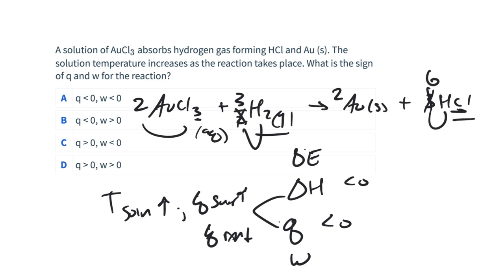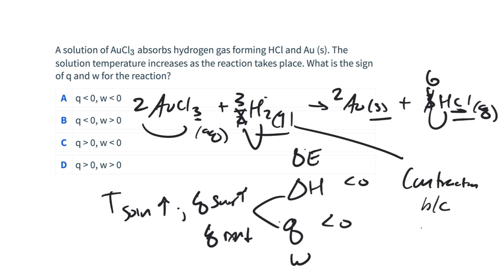Now work here, this is coming from our gas being consumed by the reaction. So when we see here that HCl is aqueous and gold's a solid, a gas being consumed is going to lead to contraction. We're consuming a gas.